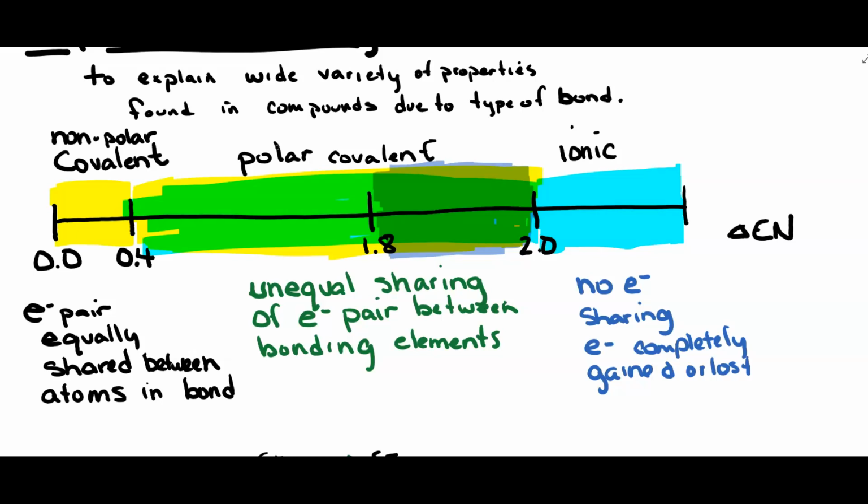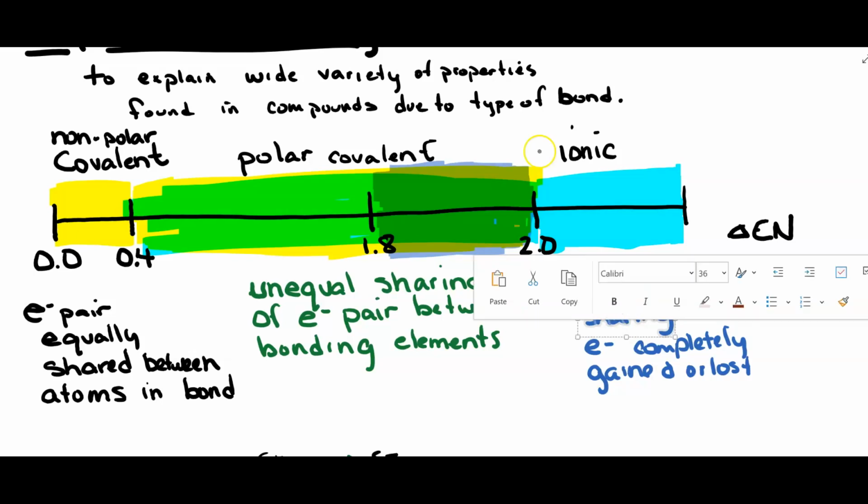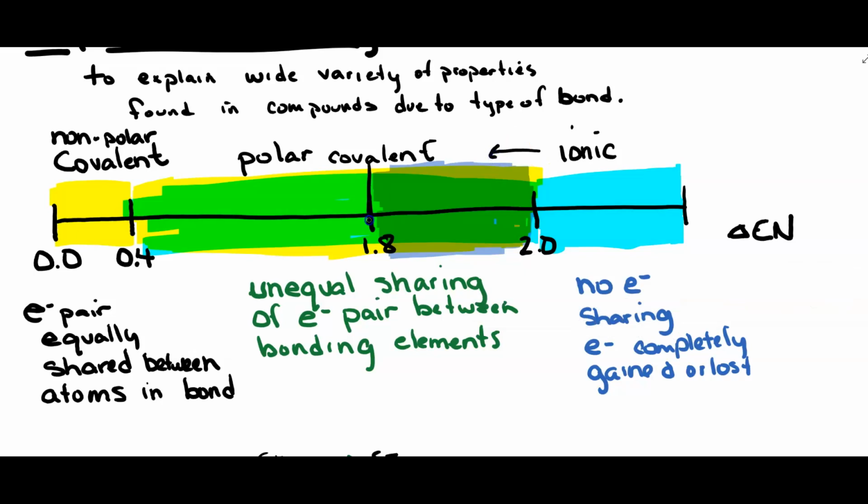Well, one thing I want to point out is that this also might be ionic as well. And this would be the case if a metal is present. If a metal is included, the likelihood of it being ionic is much greater. And if there are no metals involved, it is more likely to be polar covalent.